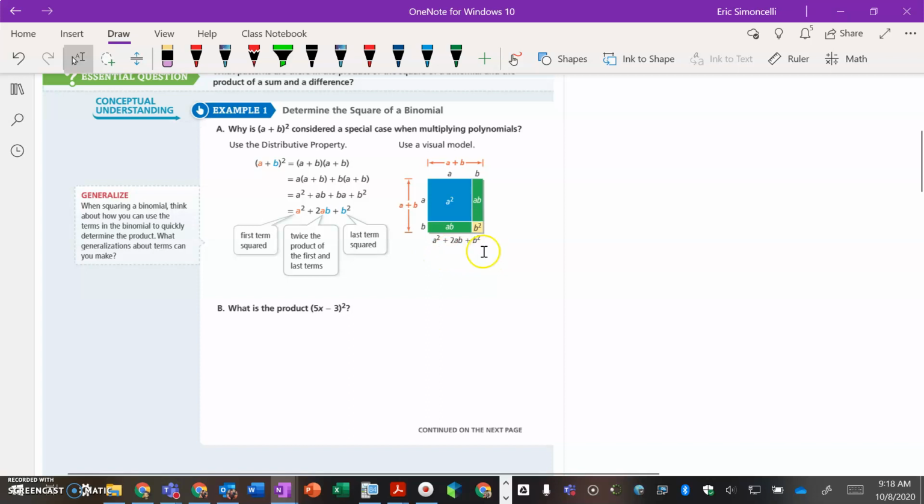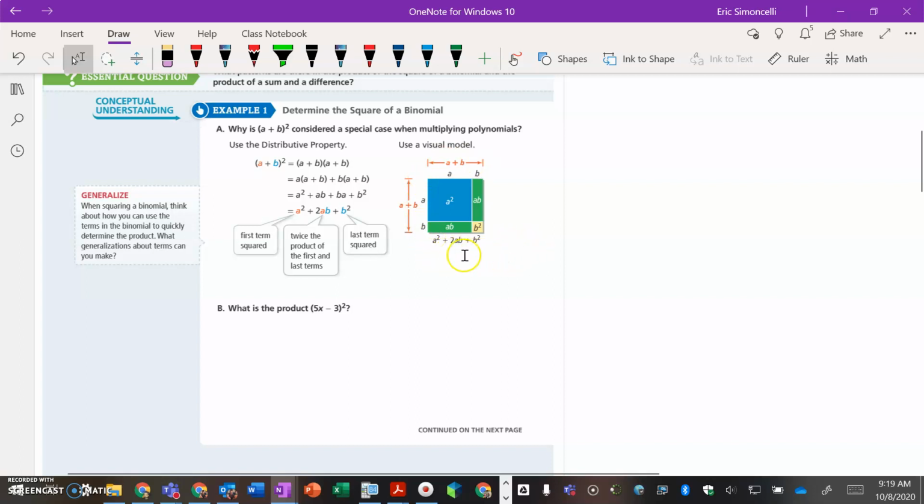It's nice how we can take a plus b quantity squared, so a plus b times a plus b, just like you see here in a different sense. So you are squaring, quite literally, a binomial, and you're looking at it as a completed square, which is kind of neat if you think about how that ties together visually.